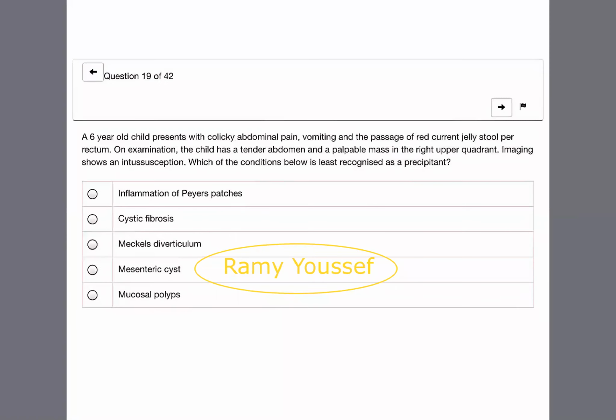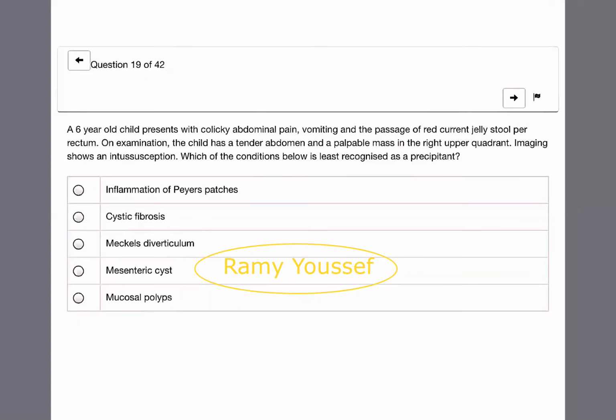Okay, next question, Dr. Ahmed. A 6 years old child presents with colicky abdominal pain, vomiting, and the passage of red currant jelly stool per rectum.